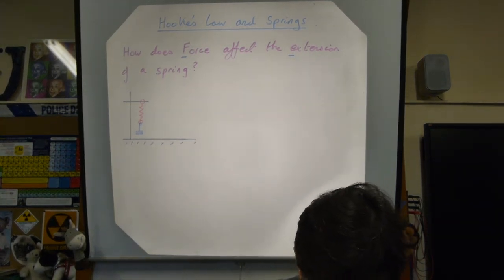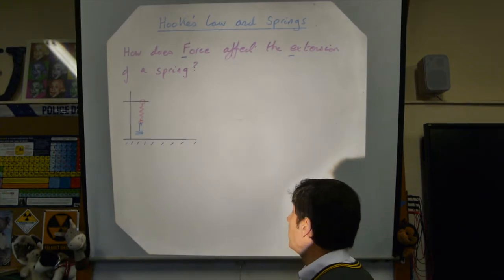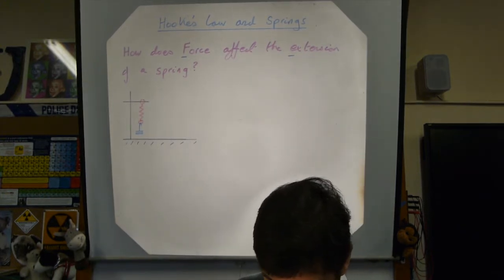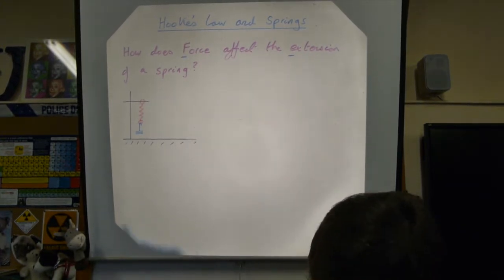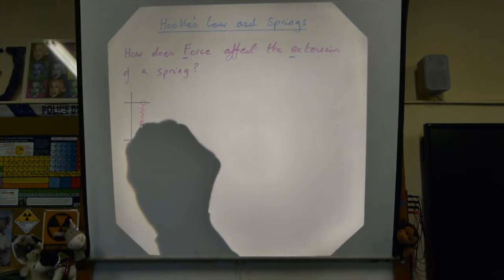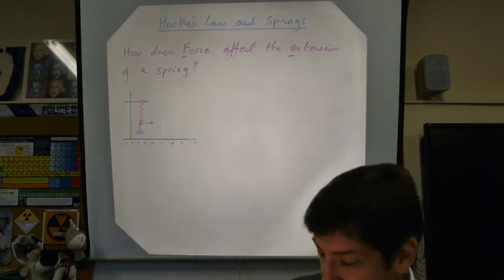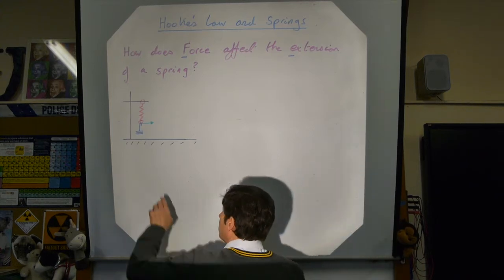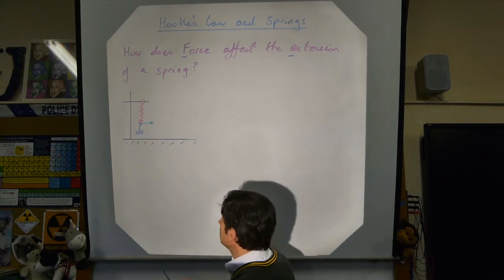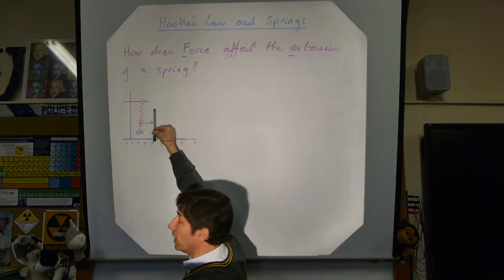So what we need to add to this is some method of measuring the extension. What I tend to do is put a little pointer on the spring, like that. It has a special name, a fiducial pointer, but a little pointer. And I'm going to sit here a ruler.